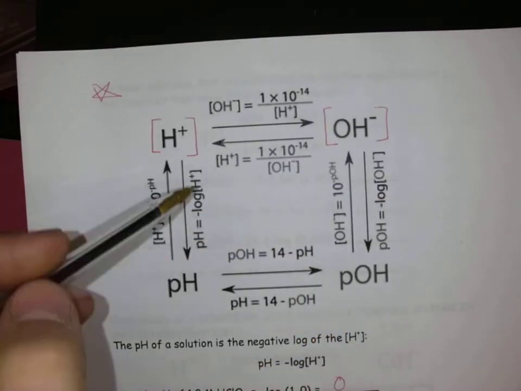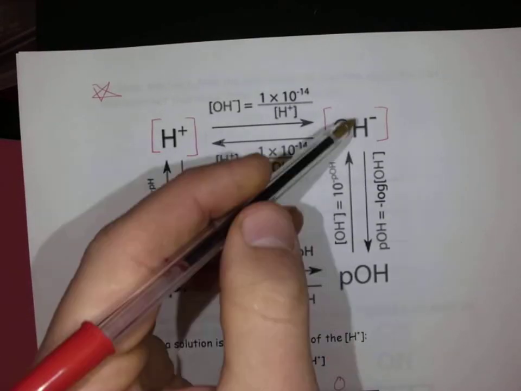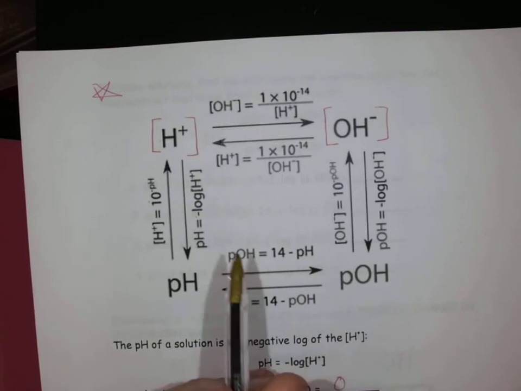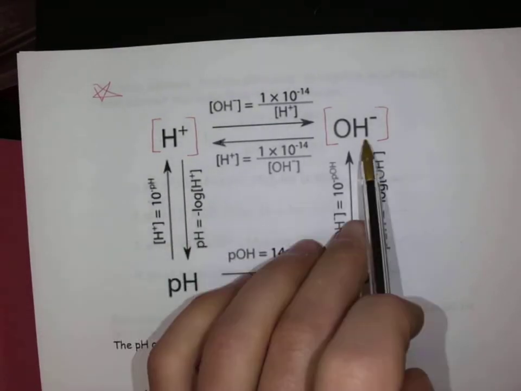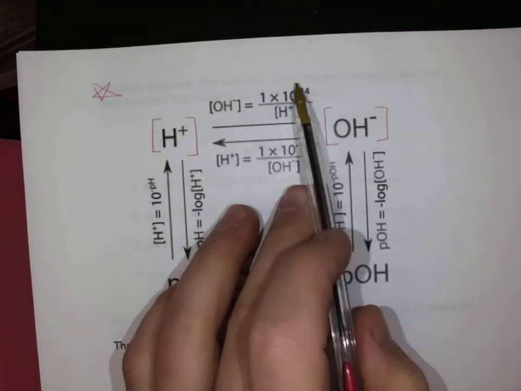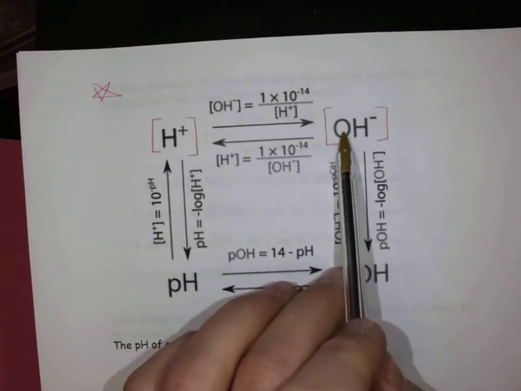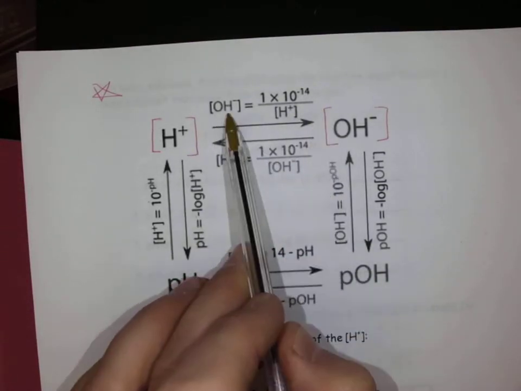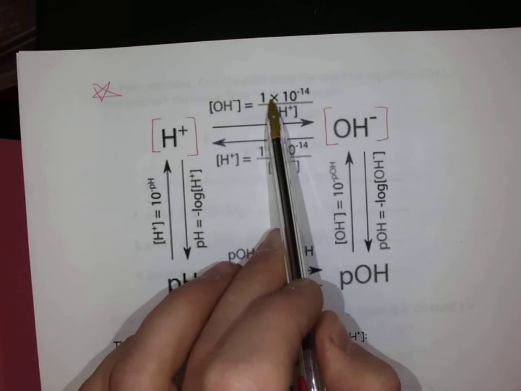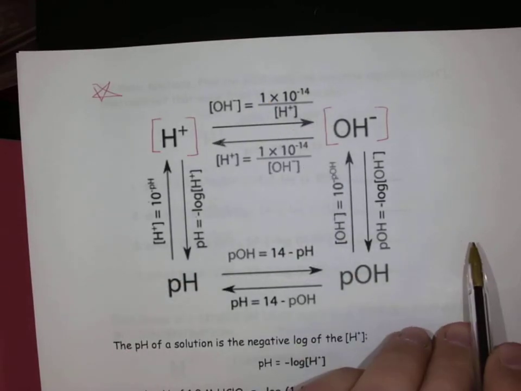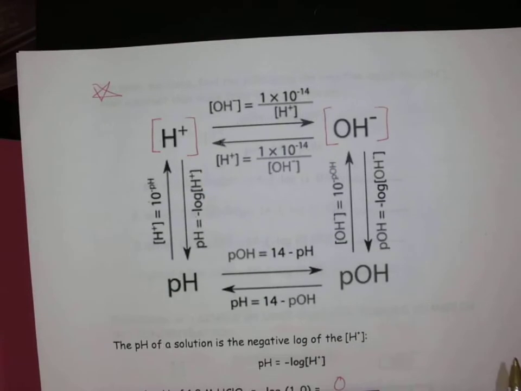So we should be able to go up and down on these arrows. Now we want to be able to go left and right. If we have H plus, we can go over to OH minus using these equations here. If we're going from H plus to OH minus, we're going to use OH minus is equal to 1 times 10 to the minus 14th divided by our H plus concentration, or we can go the other way.